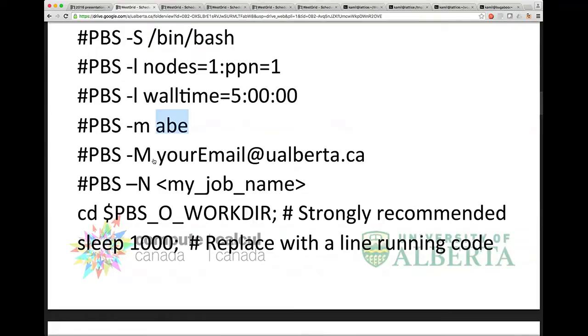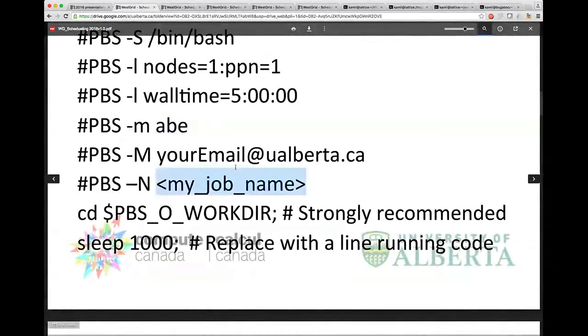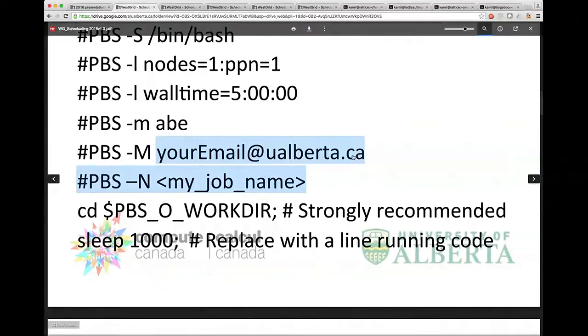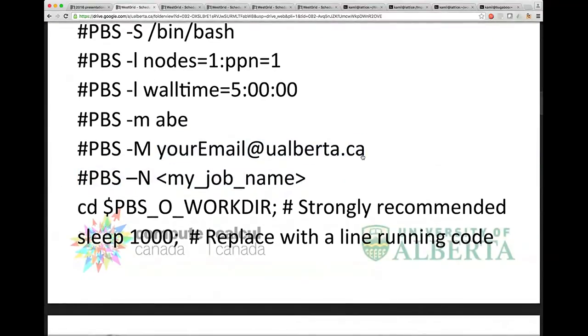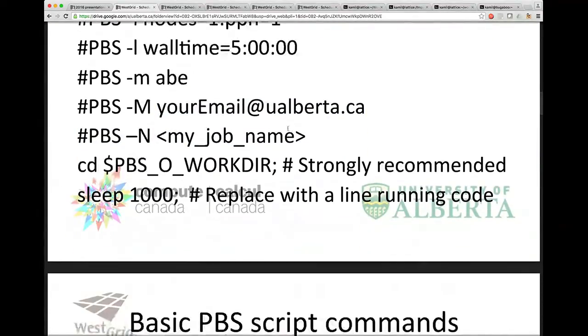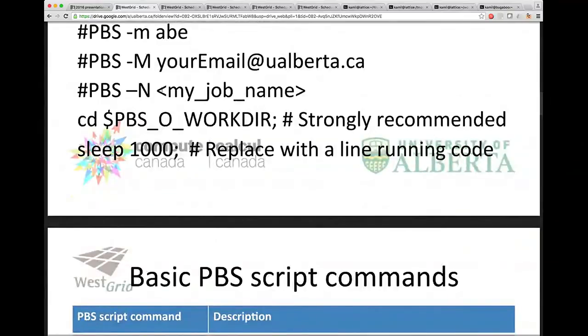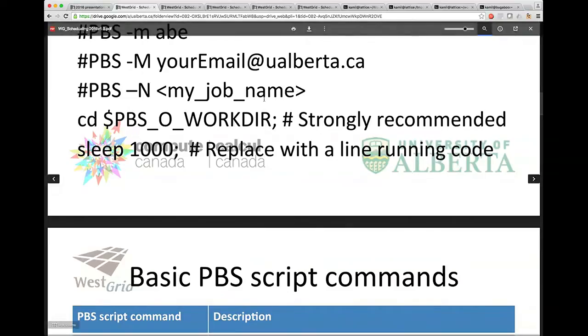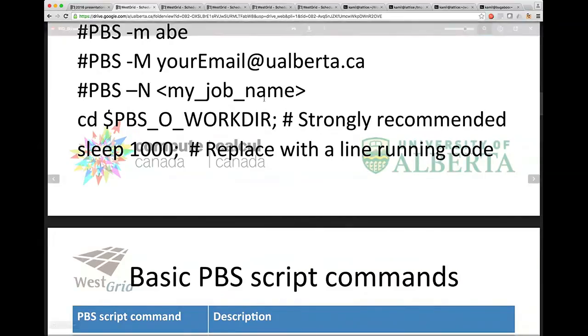You could choose here, and you would put in your email address. With a capital N here, you may also want to give your job a name. Instead of a number, you could sometimes refer to it by name. You'll see it by name in some of the commands if we look at jobs.